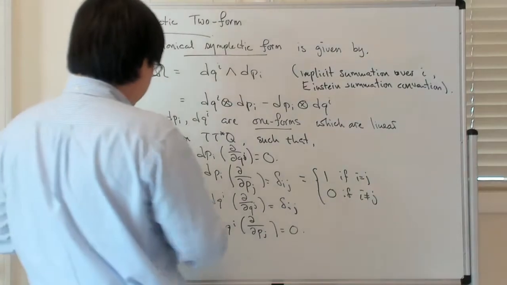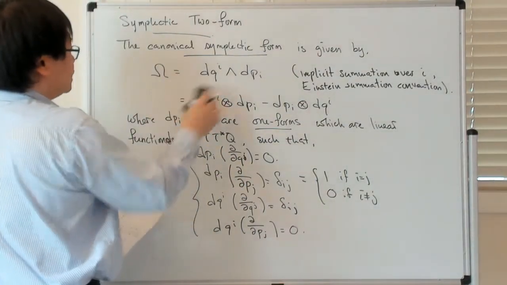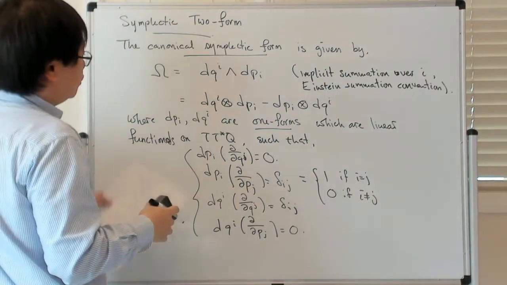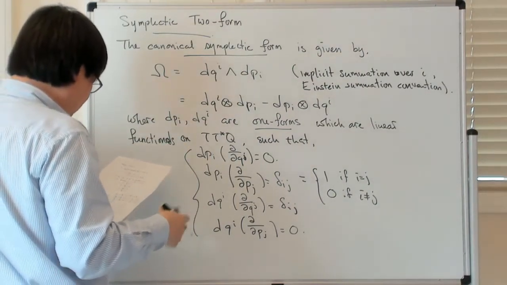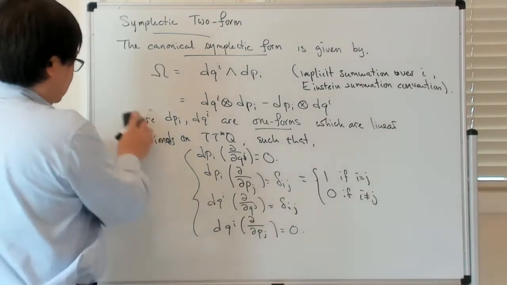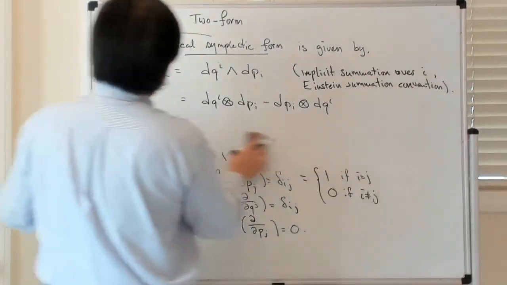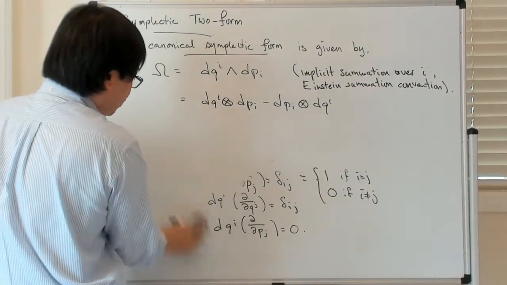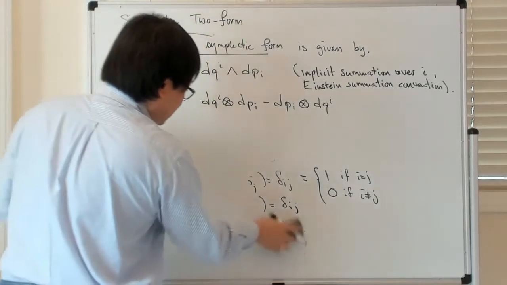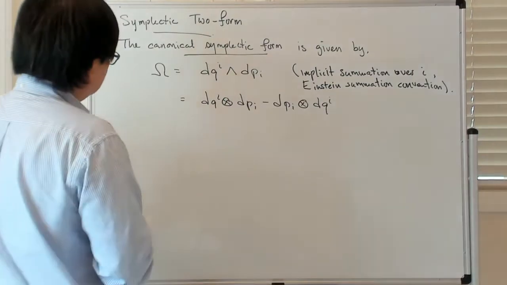So with that in mind, I can start asking how this symplectic form looks when you act it on an arbitrary pair of vectors. What happens is that this is going to be what is called a 2-form, so it's going to be a bilinear functional on two vectors.